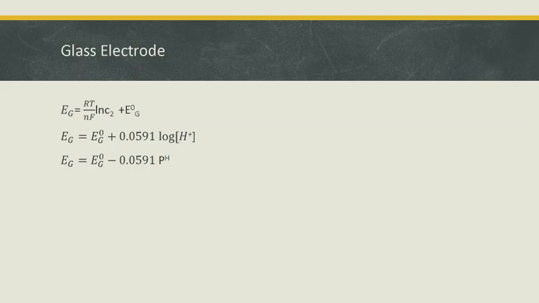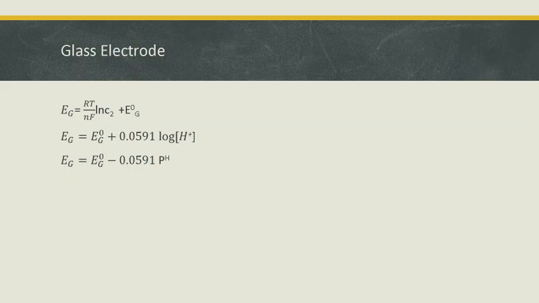If the temperature is 298 Kelvin and you substitute all the values, you will get 0.0591 into log of H plus, because the concentration is for H plus.